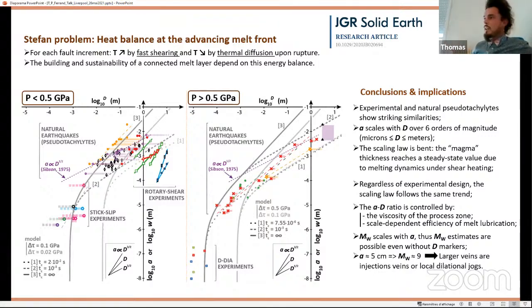Like a wave. And so when considering it as a Stefan problem, you can get a first order estimate of the relationship between the thickness and the displacement, and you can see that there is a critical melt thickness, magma thickness, at which the lubrication becomes fully efficient, and then you get 1 to 2 or more orders of magnitude in terms of displacement.